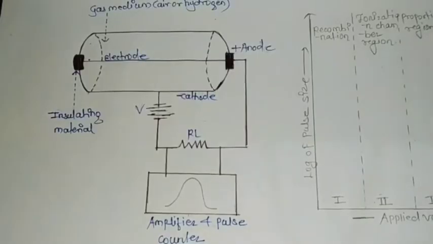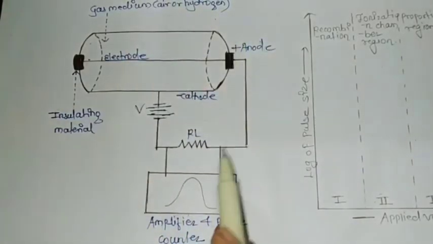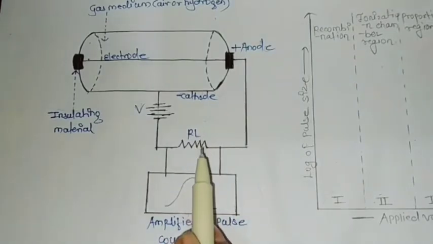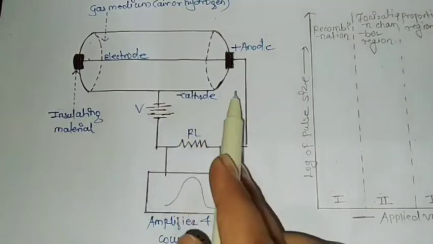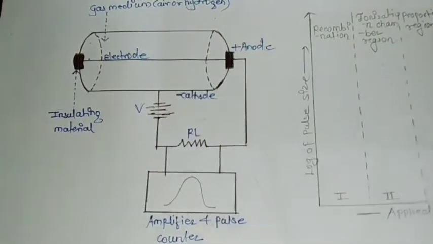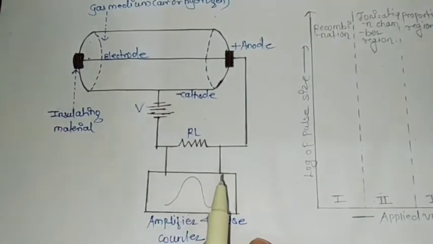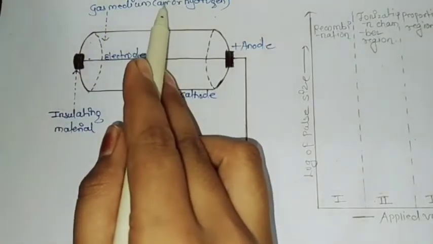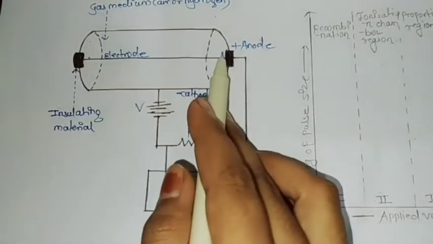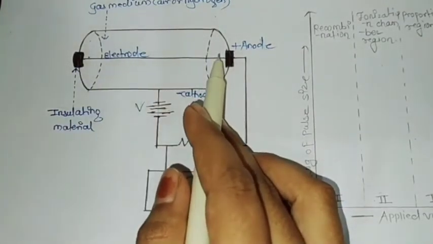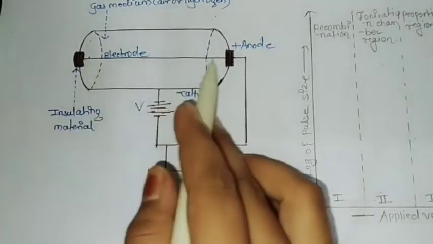Let's begin. Here we have a general construction of these kinds of nuclear detectors. You basically have a metallic cylinder which is hollow from the inside and filled with some kind of gaseous medium like hydrogen or air at one atmospheric pressure, and along the center of the cylinder you have a metallic electrode passing through it.